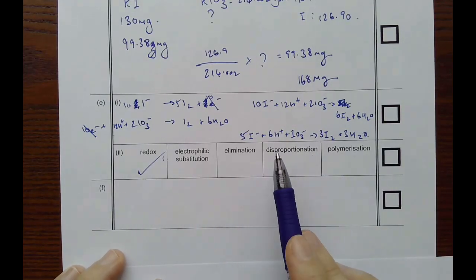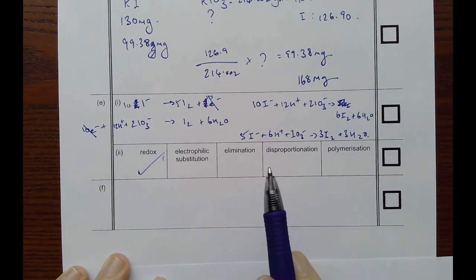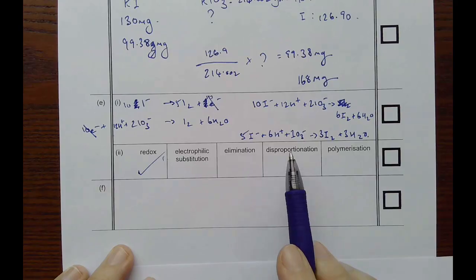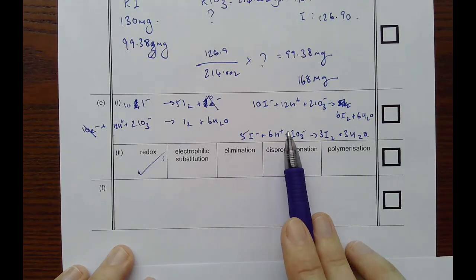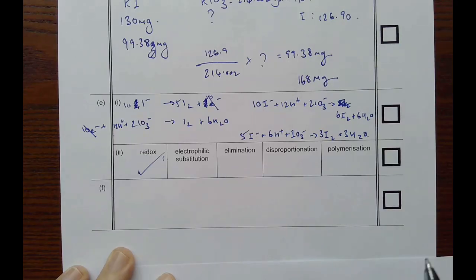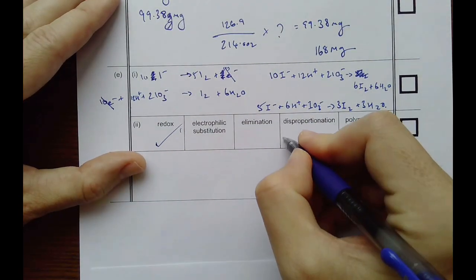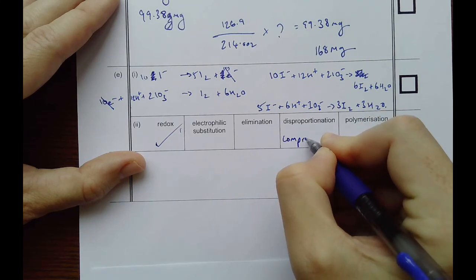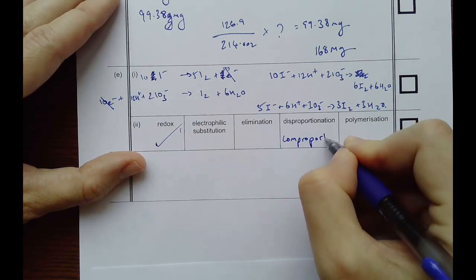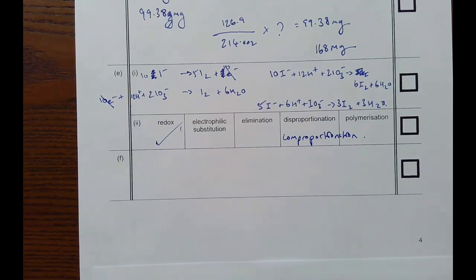You start with one oxidation state, and then it gets both oxidized and reduced. Here I've got two different oxidation states, and they both end up as the same thing. This is the opposite of disproportionation. This is actually called comproportionation. Make sure I spell it right. Comproportionation, which is the opposite of disproportionation. So just be careful there.